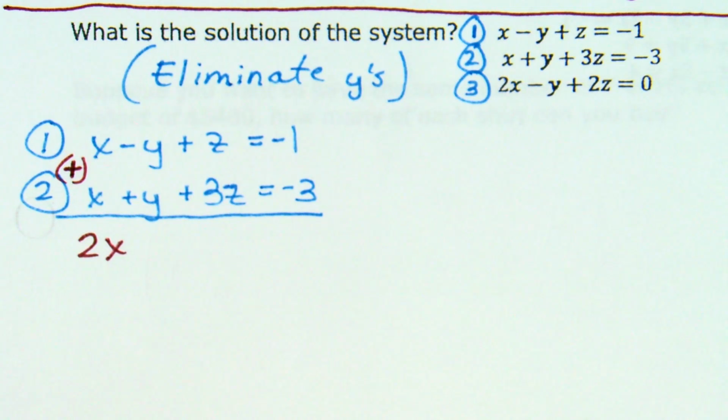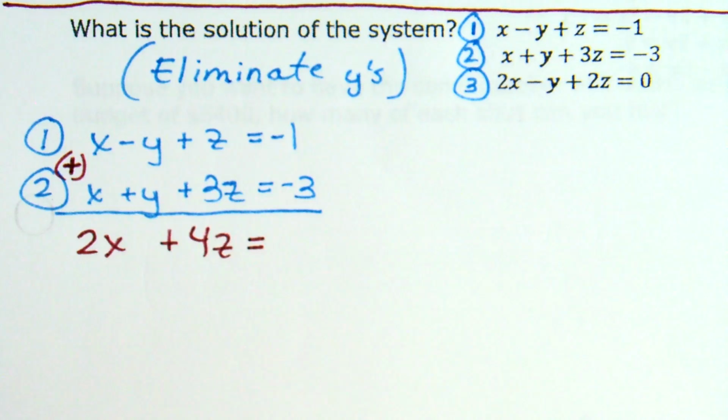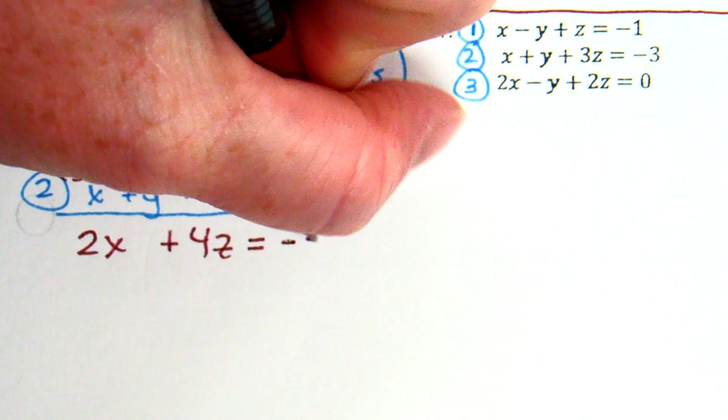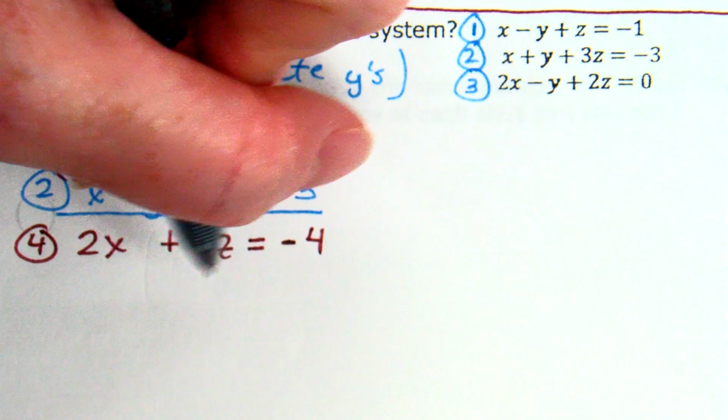Z plus 3z, plus 4z. Bring down my equal sign. Negative 1 plus negative 3, negative 4. I'm going to call this equation 4.